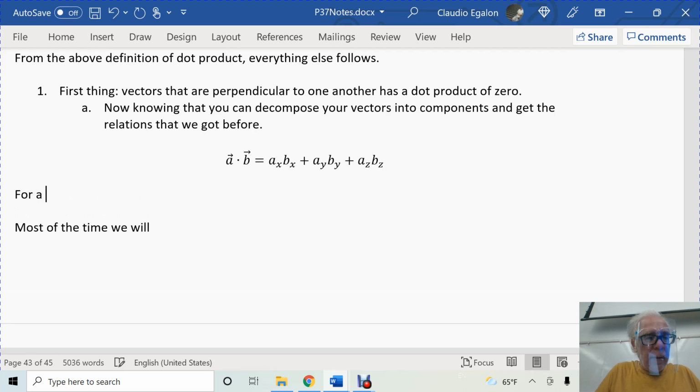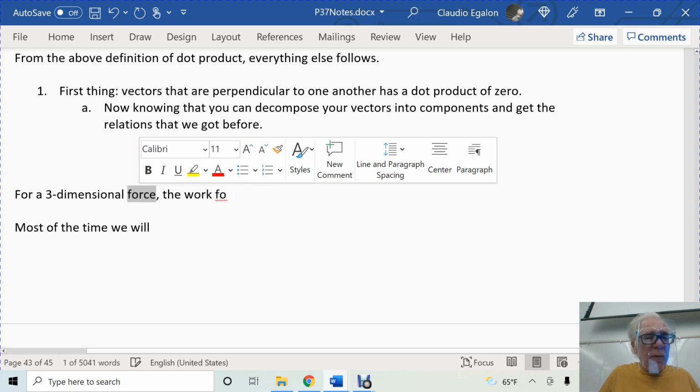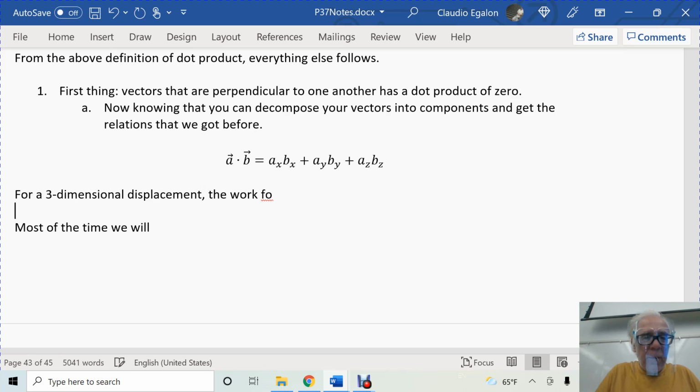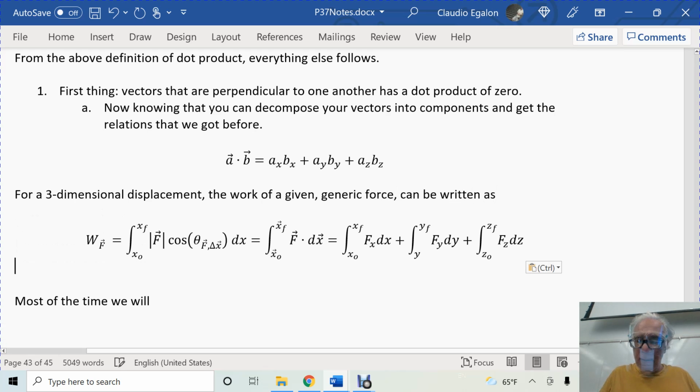For a 3-dimensional force, the work, not for a 3-dimensional force, but for a 3-dimensional displacement, the work of a given generic force can be written as, we go like that, something like that, right?